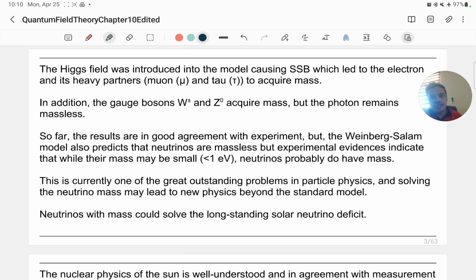The Higgs mechanism on the other hand also generated the masses of the gauge bosons W and Z. There are two W's, positive and negative. However, the photon stays massless.